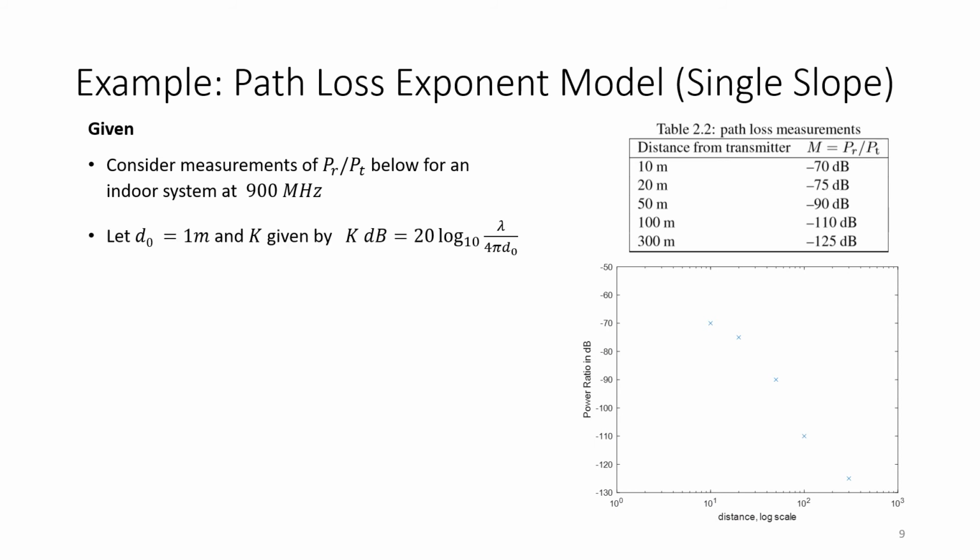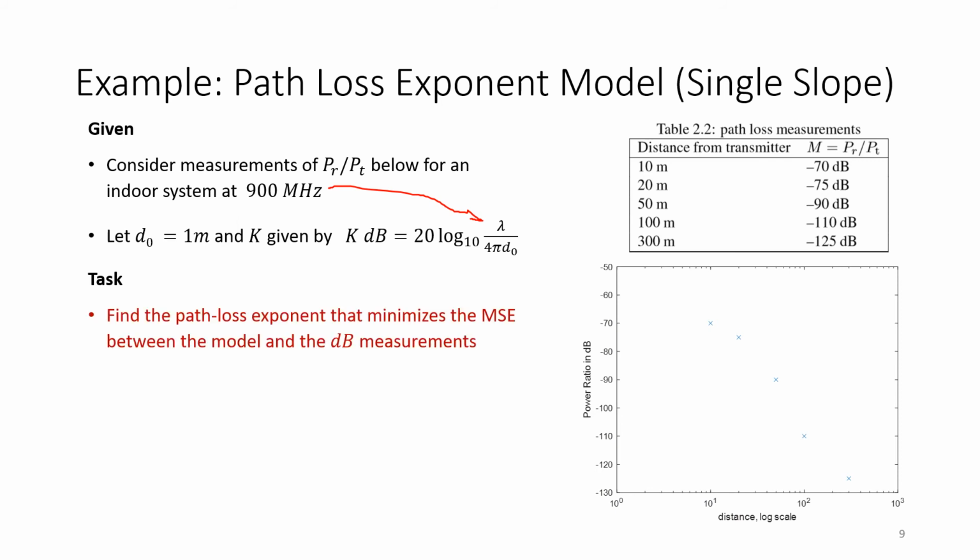So we're taking the reference distance to be 1 meter, and K for this 1 meter, if you substitute 1 here, and for the frequency you can find the wavelength here. Remember that c equals lambda f. So by just substitution, I can find the value of K in dB. Remember that here we're using 20. Instead of saying 10 log and then we have a square, the 2 would come in the front.